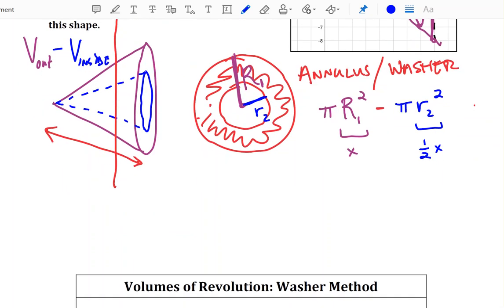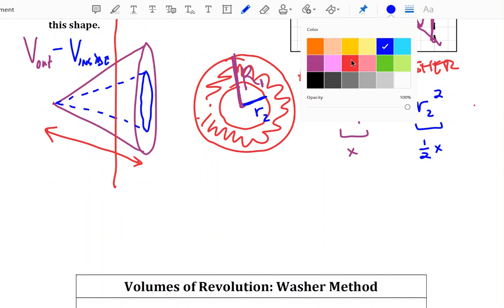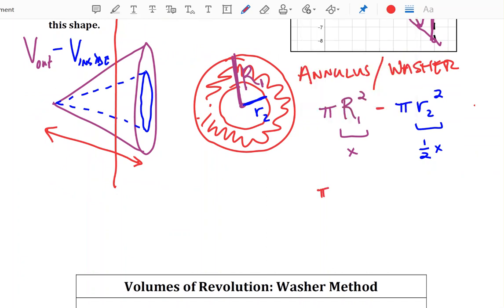So we find that in order to find the area of this shaded region, we could do pi times the larger radius squared minus pi times the smaller radius squared. And of course, we want to add all of these things up. So we're going to add them up. And in our particular graph, we're going from 0 to 8.